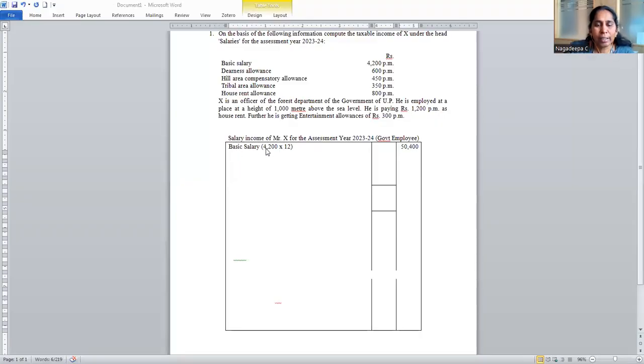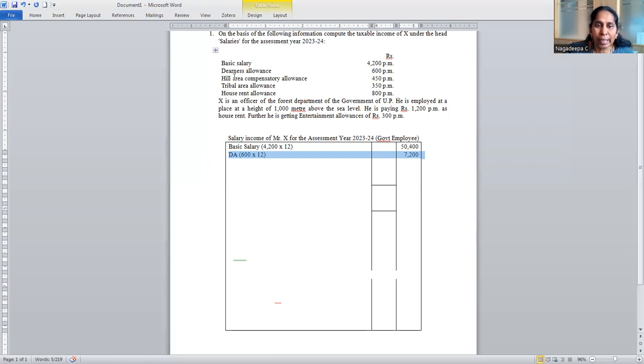So basic salary, that is 4,200 into 12, totally it is coming to 50,400. Next is dearness allowance, which is fully taxable. So DA, which is 600 into 12, if you multiply, it is coming to 7,200.